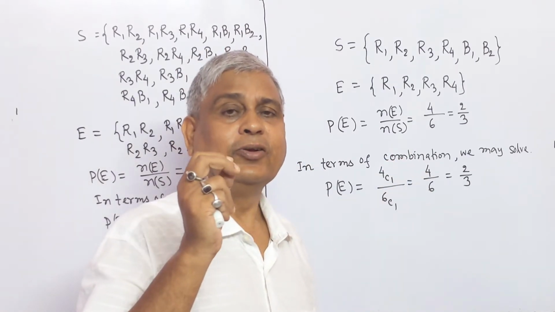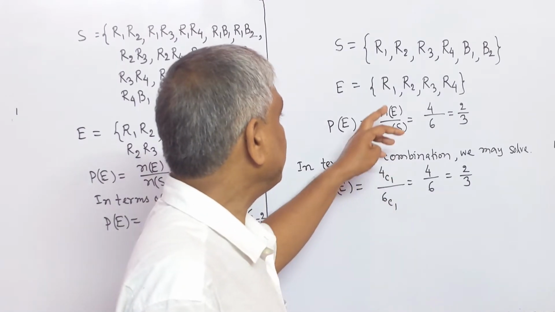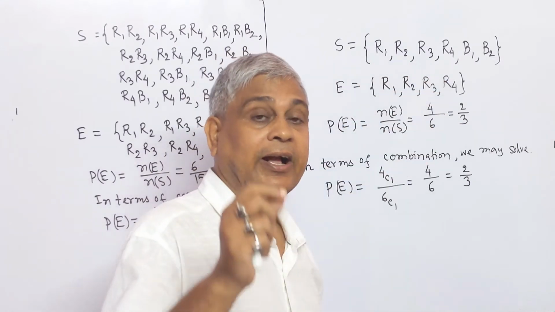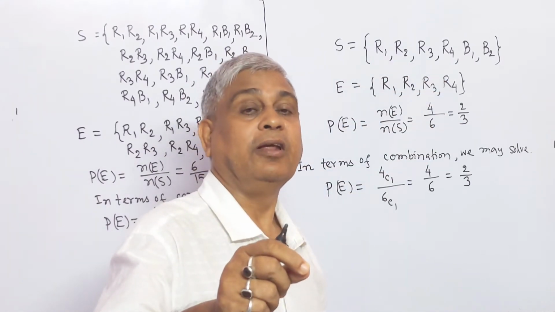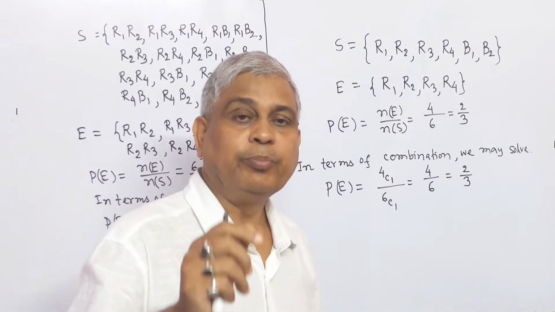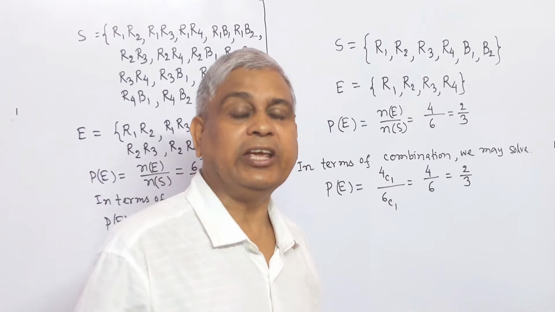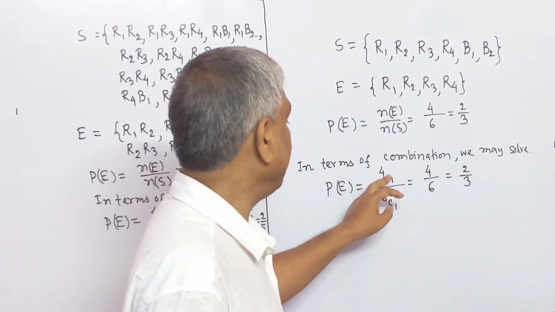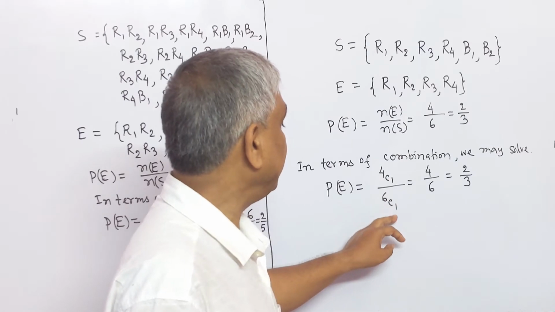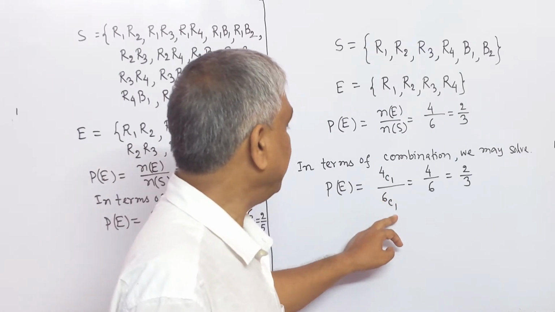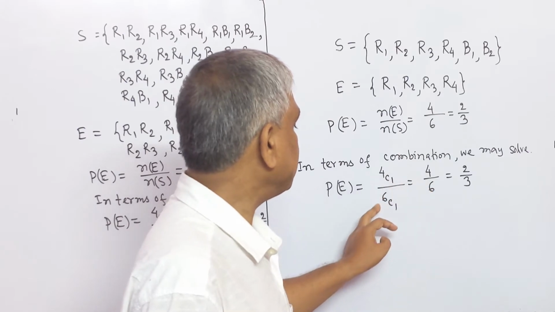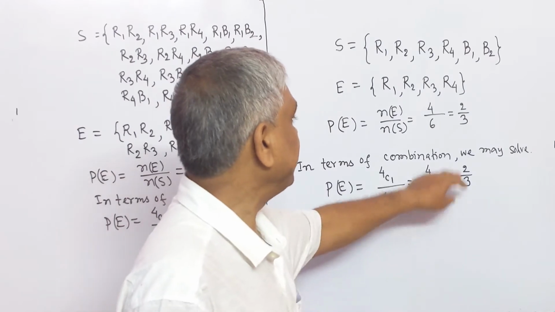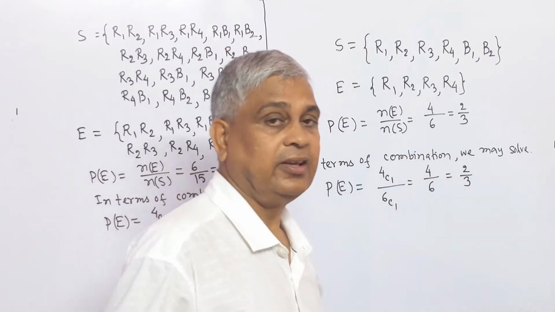And for the event, we have to select a red ball. Here the number of red balls is 4 and we have to select one ball. So the number of elements in the event will be 4C1. So probability is 4C1 by 6C1. 4C1 is 4, 6C1 is 6, and this is equal to 2 by 3. Same result in both cases.